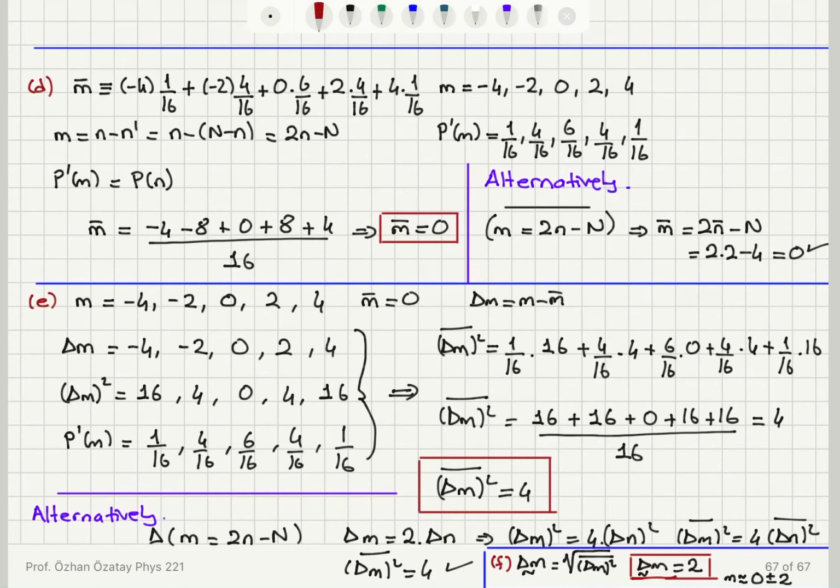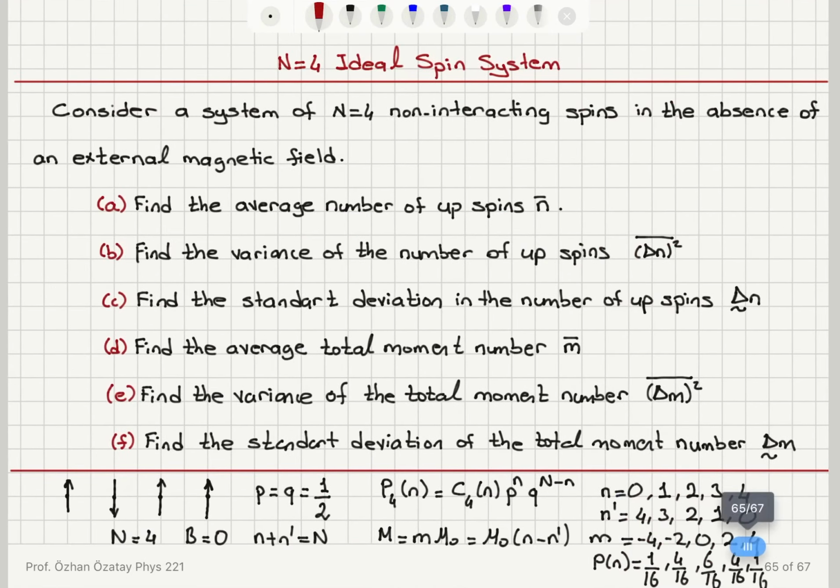Okay, so let's summarize what we did here. We went through the exercise of calculating the ensemble average, variance or dispersion, and standard deviation of the number of up spins and the total moment number in an ideal spin system consisting of 4 non-interacting spins in the absence of an external magnetic field.